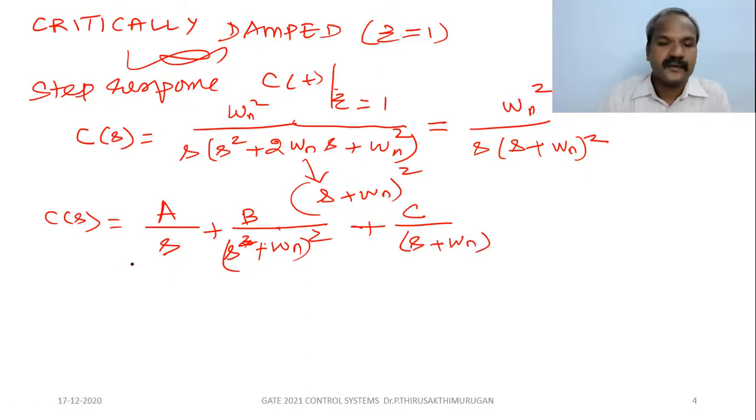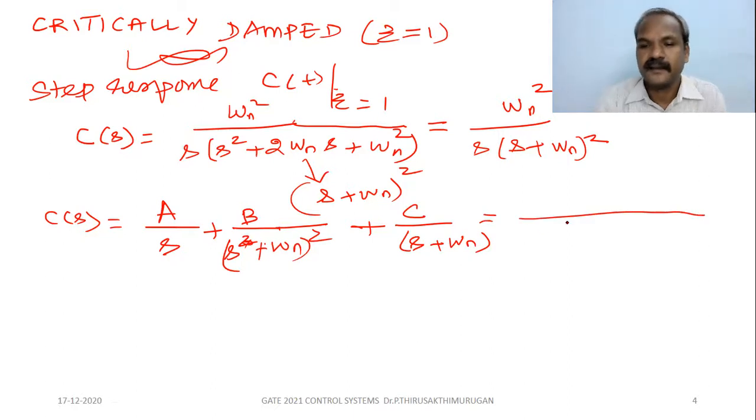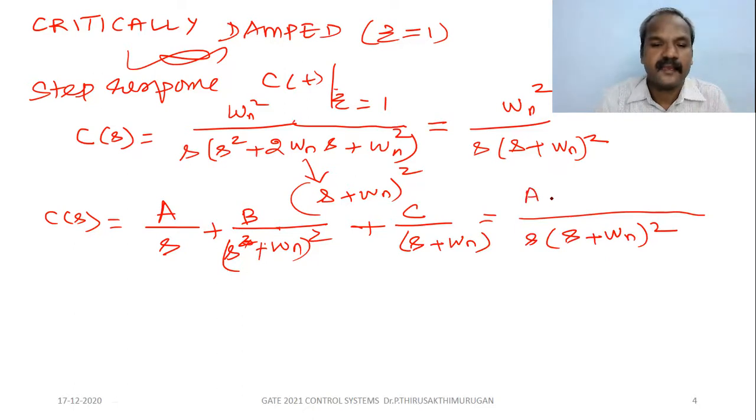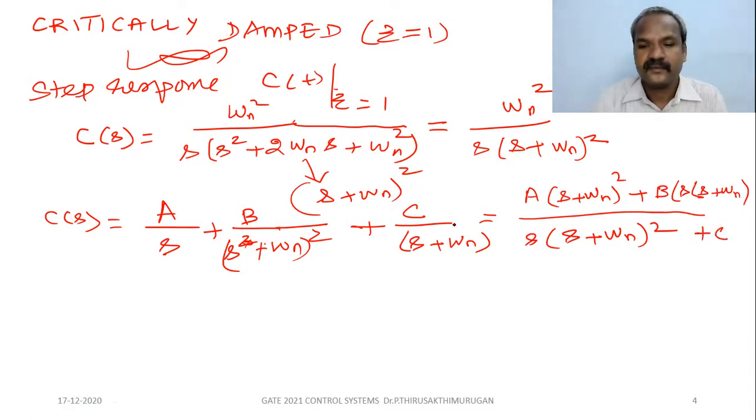Similar to the previous problem, we take the common term s into s plus omega n the whole square: A into s plus omega n the whole square plus B into s into s plus omega n plus C. Sorry, Bs plus C, here only s into s plus omega n.